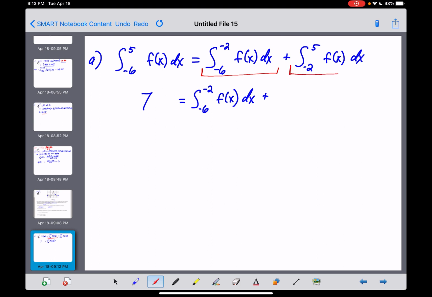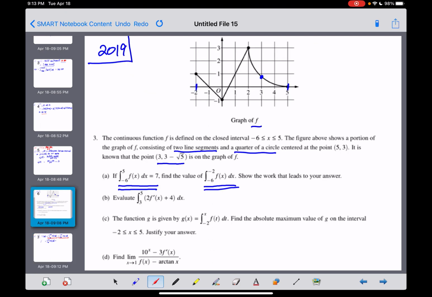We need to come up with the value of the definite integral from -2 to 5 of f of x. And we're going to get that information by looking at the graph and using an integral to find area. Okay, how are we going to do that?